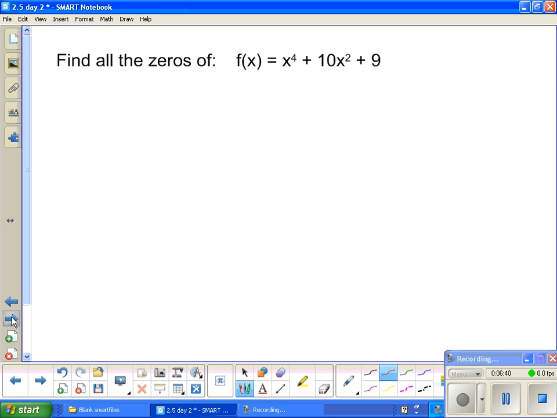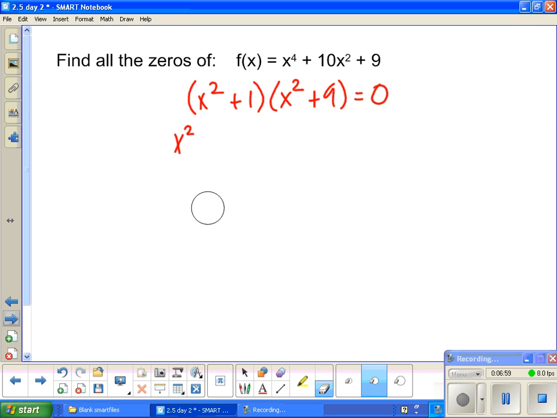This again is of that quadratic form that we talked about. I could factor this to x squared plus 1, x squared plus 9 equals 0. Now I'm going to solve using the square root method. x squared plus 1 equals 0. Subtract the 1. Square root.